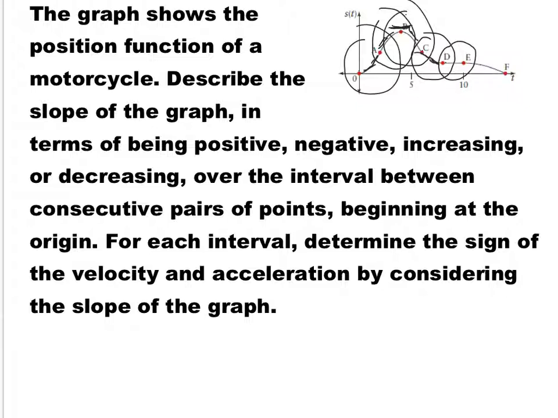Now from D to E, we know that this is a horizontal line, so the slope is 0, and the velocity is going to be 0, and acceleration is going to be also 0. From point E to F, if we draw the tangent, you can see that the tangent is going to have a negative slope.